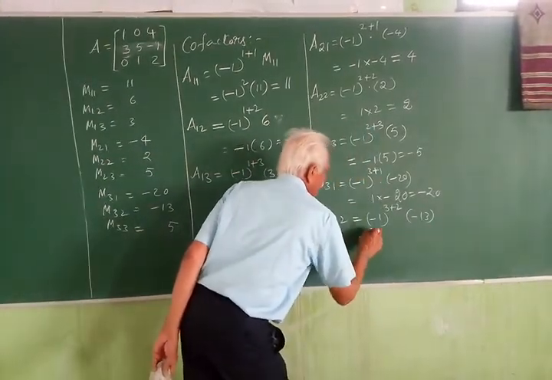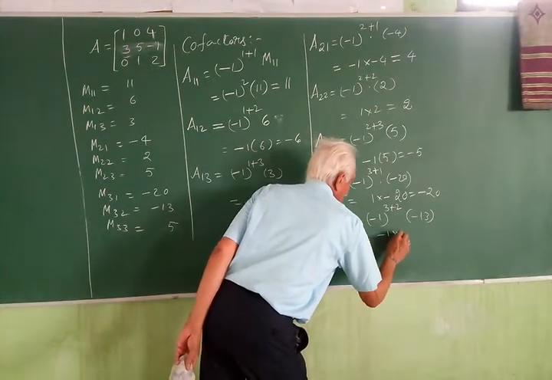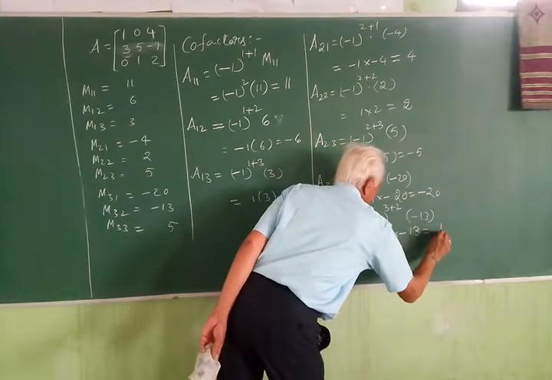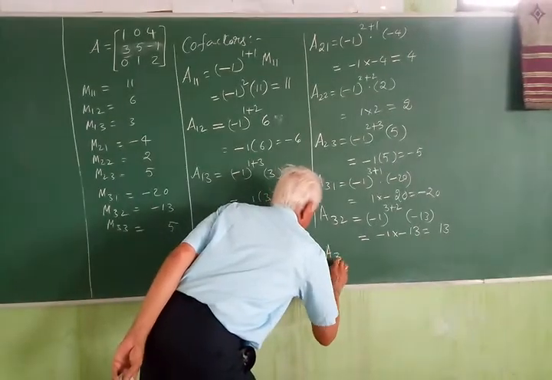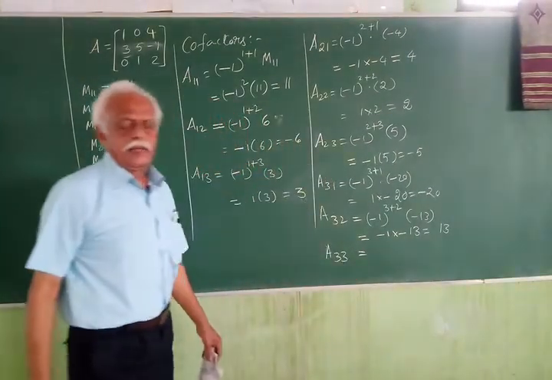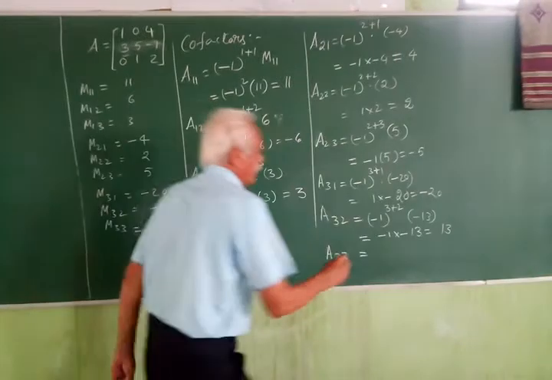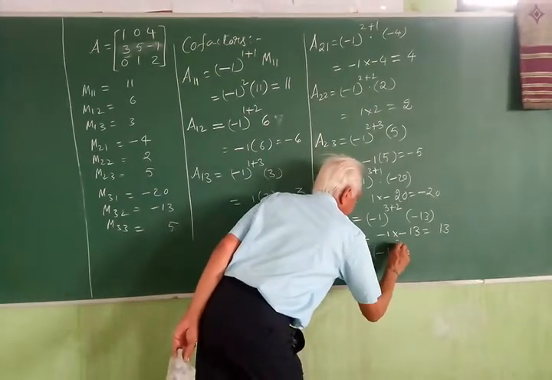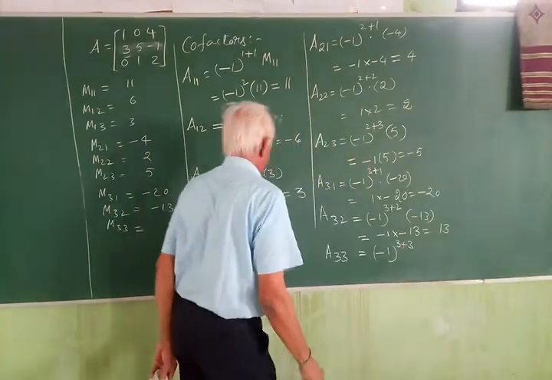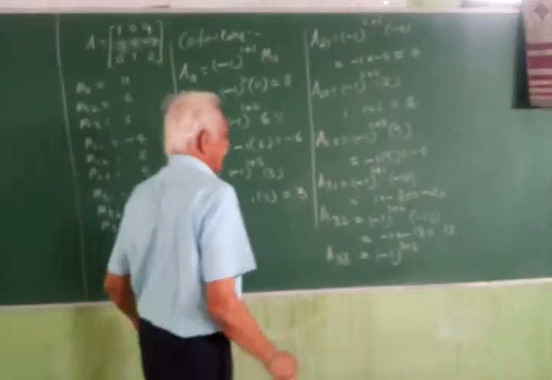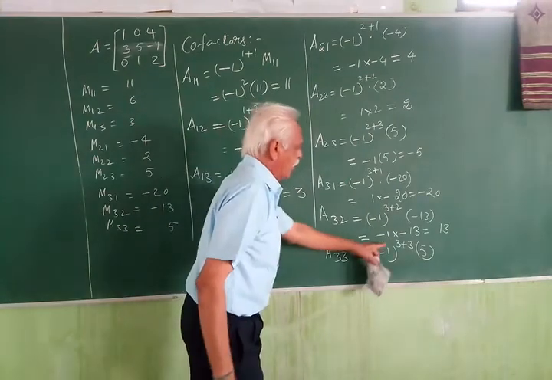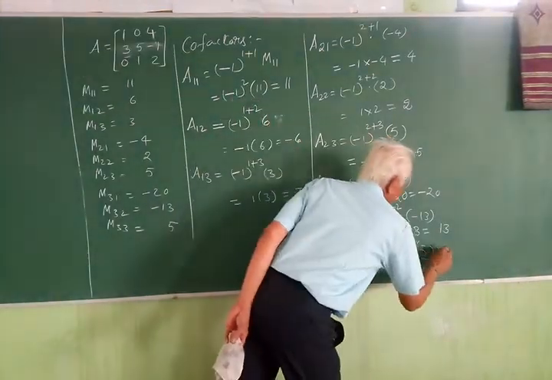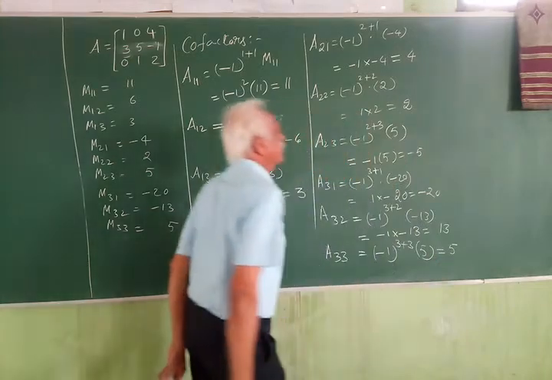So this is equal to minus 1 into minus 13 is equal to plus 13. Lastly, A33 is equal to minus 1 power of 3 plus 3 into M33, which is 5. Minus 1 whole power 6 is plus 1 into 5 is 5.